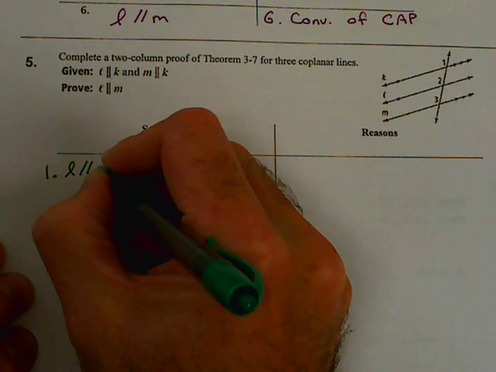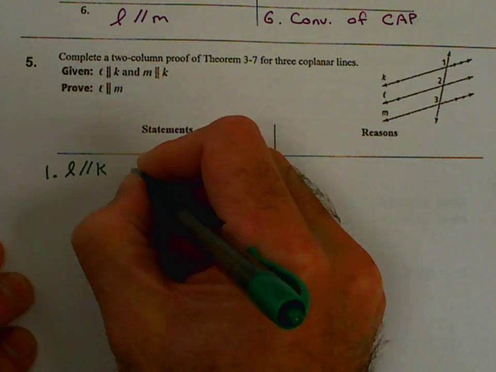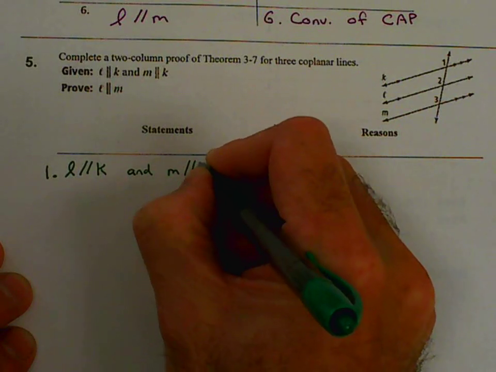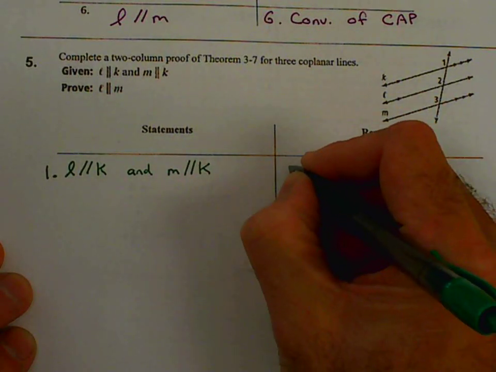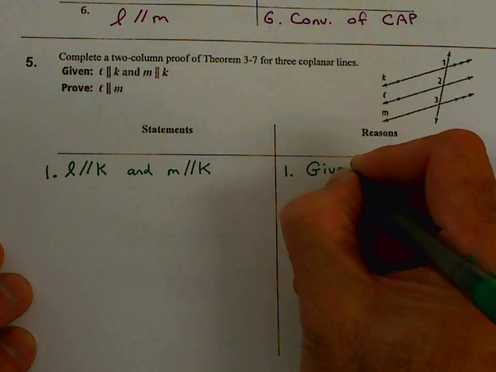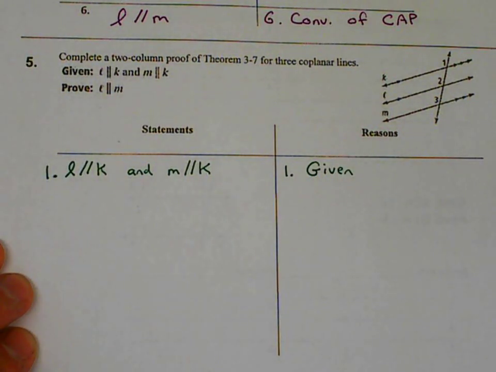L is parallel to K, and M is parallel to K. And that's given information, so we write given. We've justified why we believe that to be so.